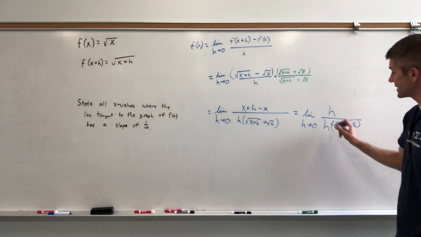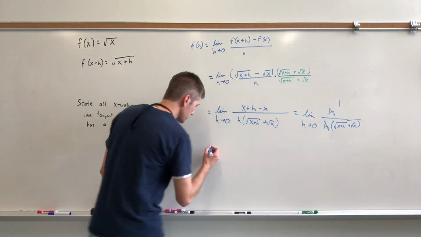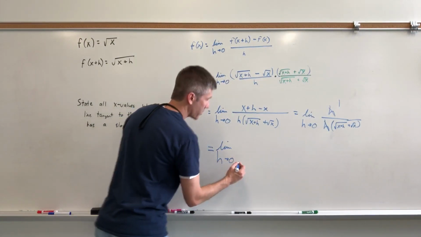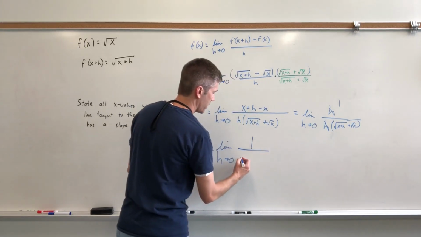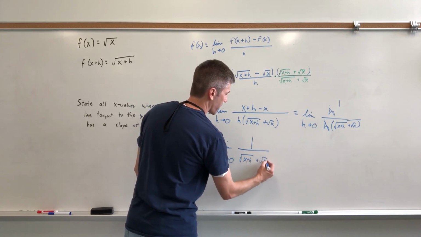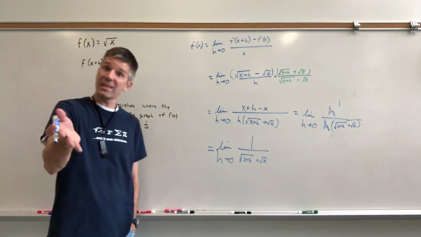I hope you notice that these h's cancel and I have 1. So I really have the limit as h approaches 0 of 1 over the square root of x plus h plus the square root of x. And I say, I'm going to just plug in a 0 now if I can. Can I? Yes, I can.